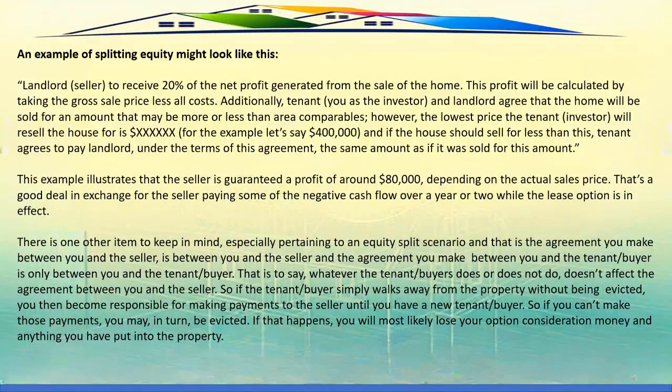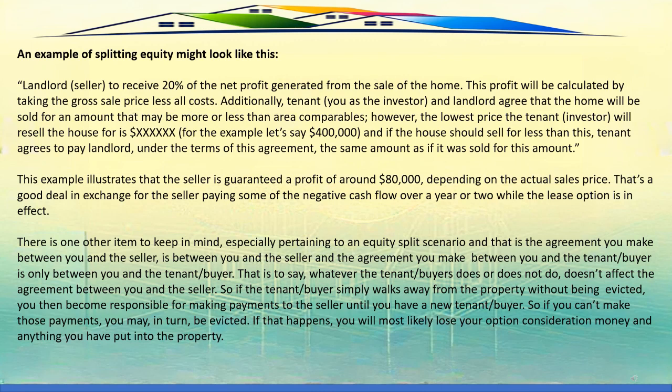An example of splitting equity might look like this. Landlord, seller, to receive 20% of the net profit generated from the sale of the home. This profit will be calculated by taking the gross sale price less all costs. Additionally, tenant, you as the investor, and landlord agree that the home will be sold for an amount that may be more or less than area comparables.